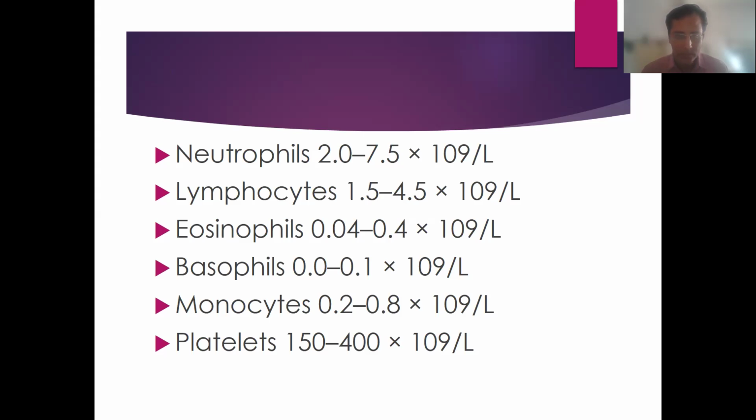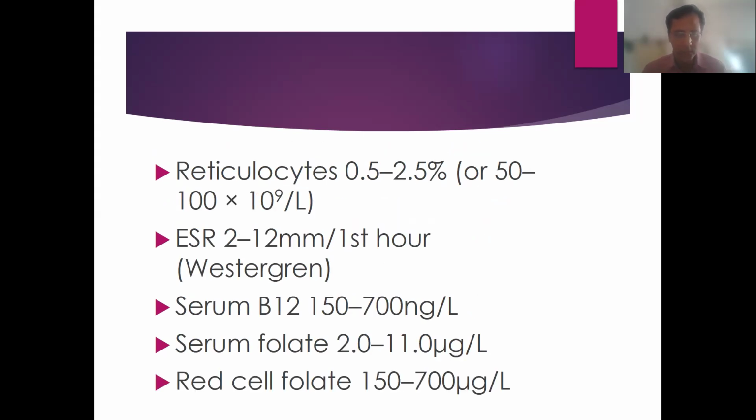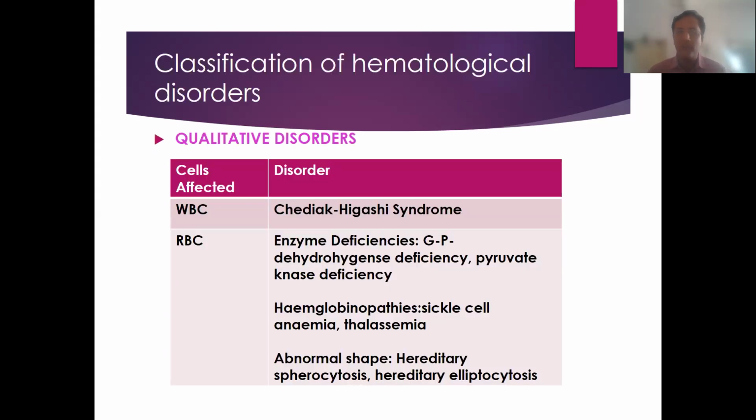Platelets we show as 150 to 400 range, and serum B12 we should know, that is 150 to 700 nanograms per liter.